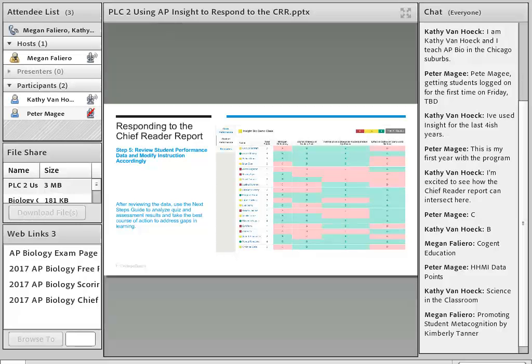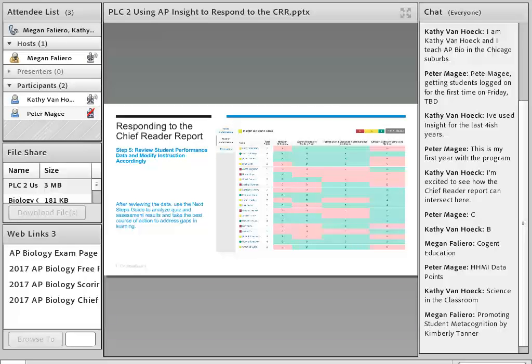What's interesting is that I don't use the word AP Insight with the kids because this is a website for the teachers. When they go in, it's M-class for them. As they take more and more building block quizzes, you'll notice that the kids are color-coded for every building block quiz in every challenge area.